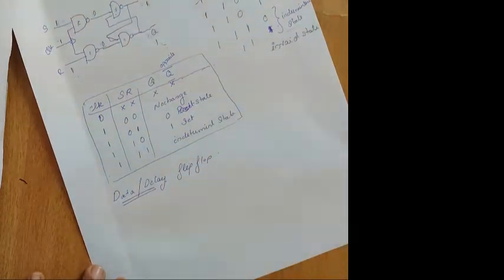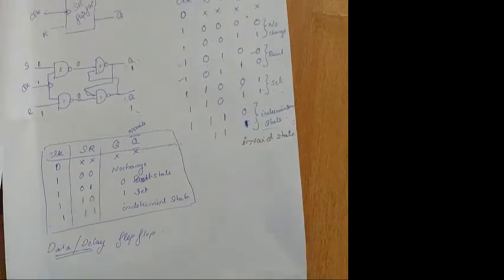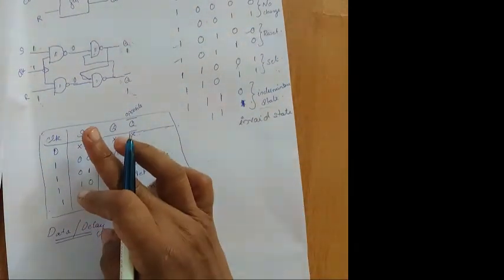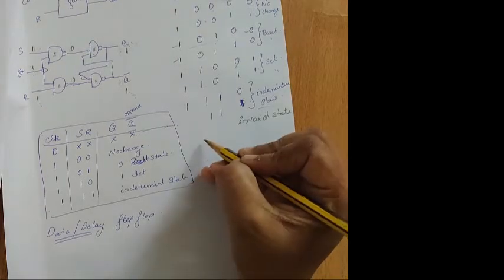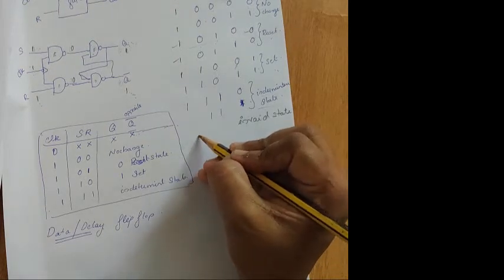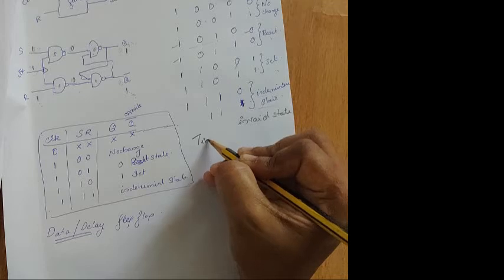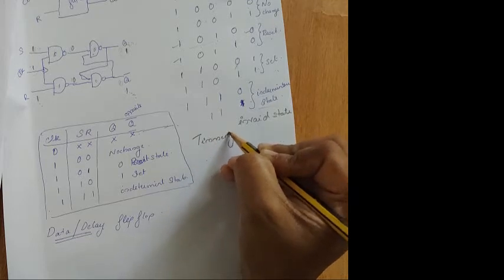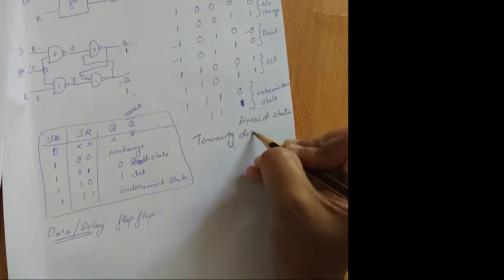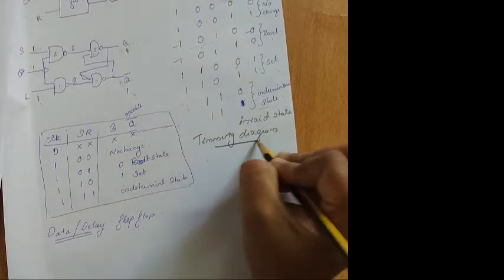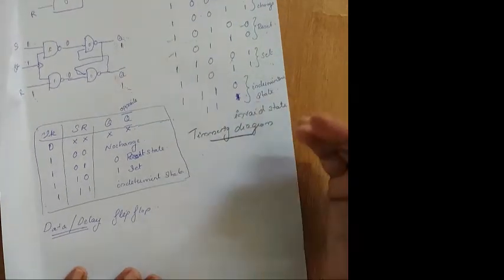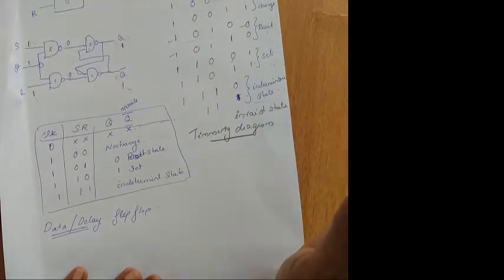Okay. Here, one more thing I have to show you. We are also giving a negative clock edge. So how do the clock pulses vary? Timing diagram. So for that we are calling it a timing diagram. If instead of indeterminate state you are writing invalid state also, that's correct.